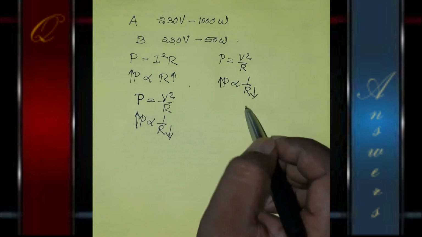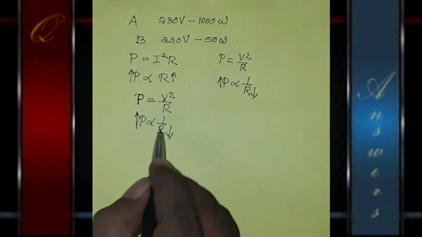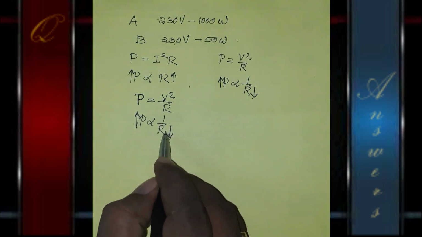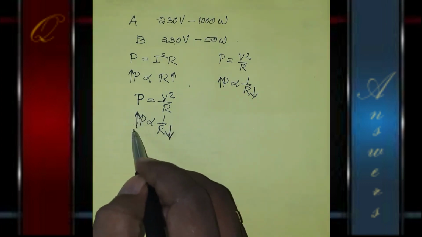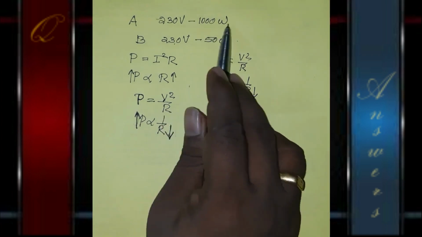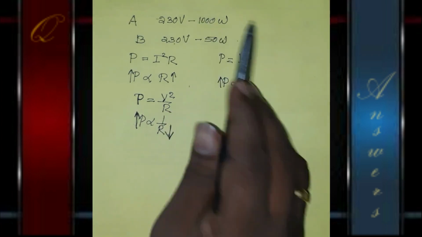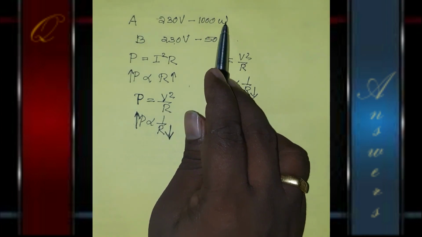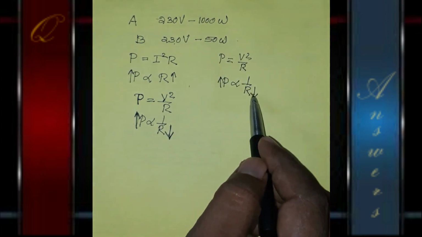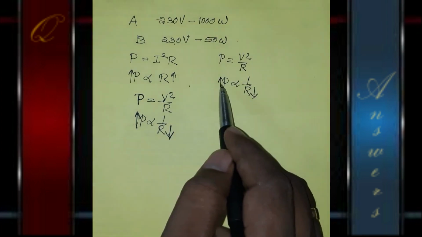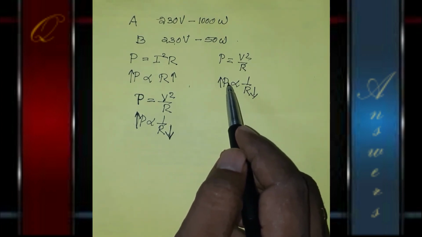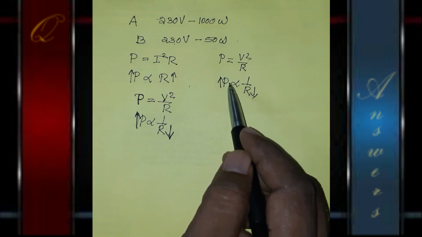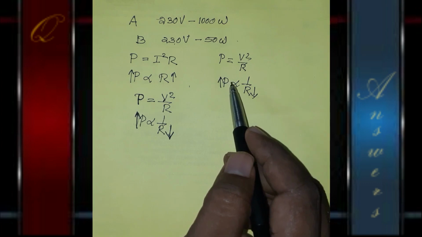The device with less resistance will be the device with more power. So which is having more power here? The 1000 watt device is having more power, or less resistance, so it will be consuming more electrical energy in case of parallel connection. That happens in household circuits, where we are using parallel connection.